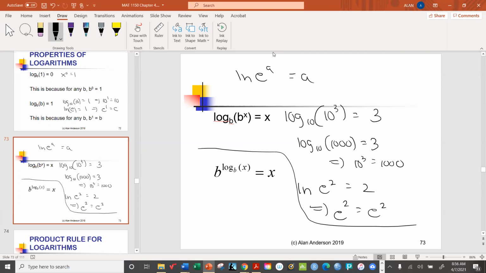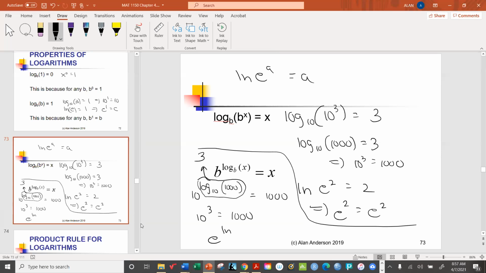If you had 10 to the log base 10 of 1,000, this equals 1,000, because this piece by itself is just 3, so this is equivalent to 10 cubed. And if you have e to the ln of, let's say, x, it just equals x.